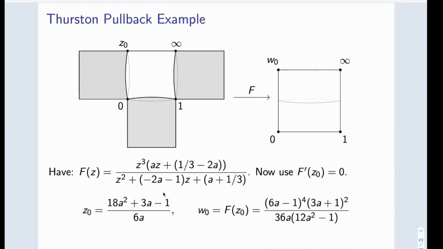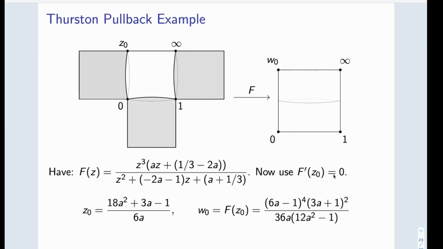Okay, so the current guess for the rational map that models this map here is this thing. And now that I've written all that down, I can determine a relationship between this parameter A and our remaining critical point Z0 by using this f prime Z0 equals 0 equation.